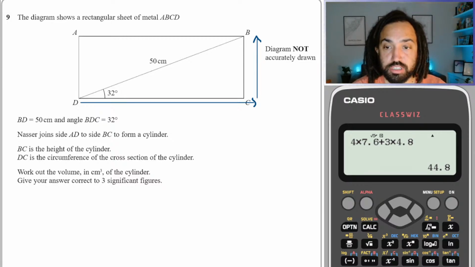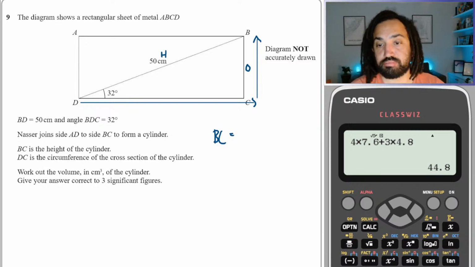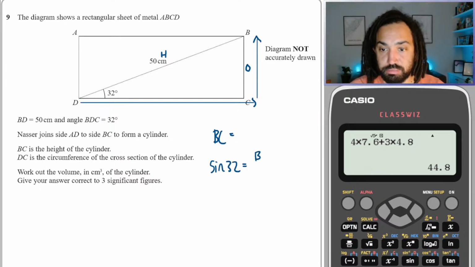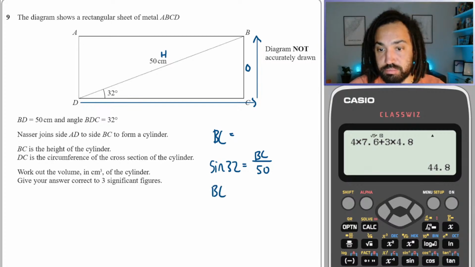Okay, so we're going to use some trigonometry here to work out the side length BC. So BC is the opposite, and we have the hypotenuse like that. So what we could do is we could say that sine of 32 is equal to the opposite, which is BC, over the hypotenuse, which is 50. So this means that BC is equal to 50 multiplied by sine 32.